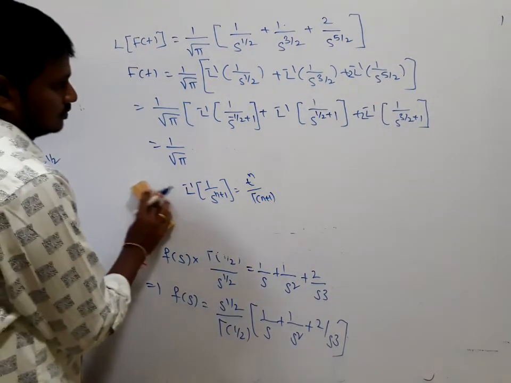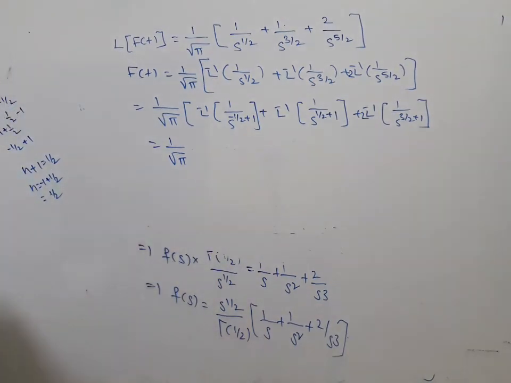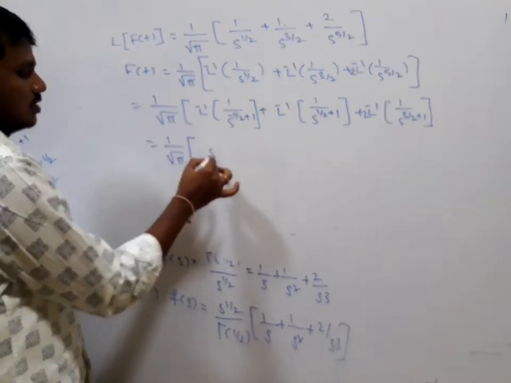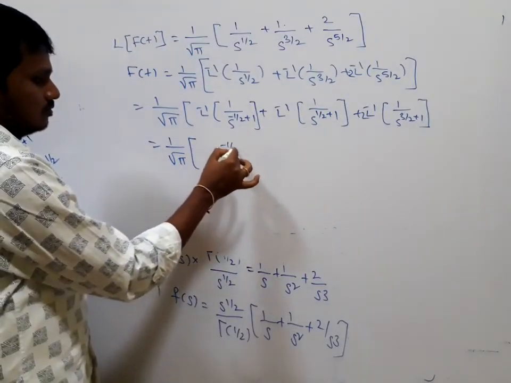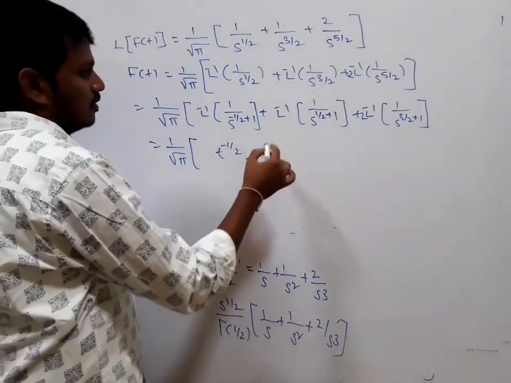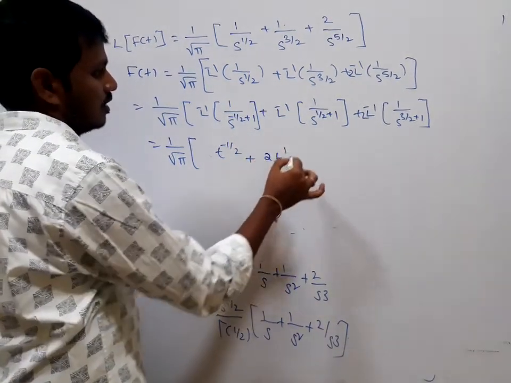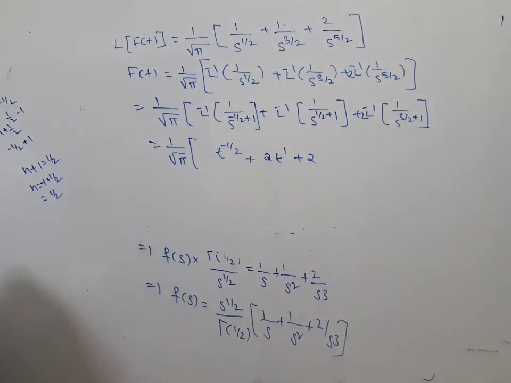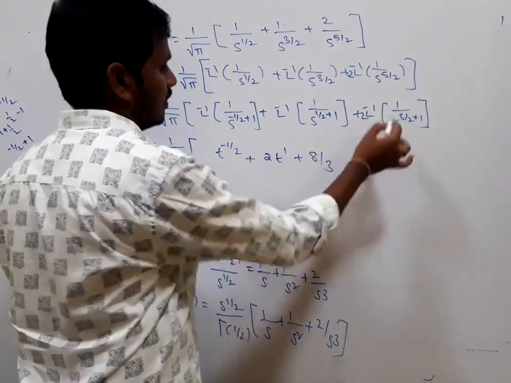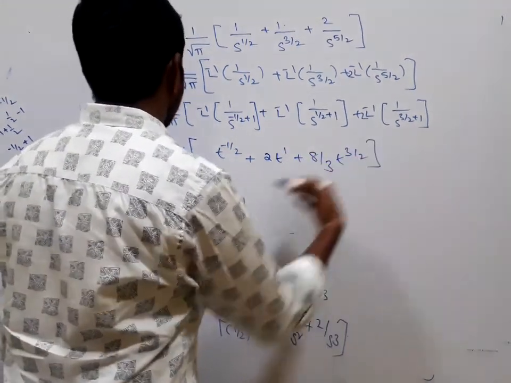Which is equal to t to the power of n divided by gamma of n plus 1. So we have t to the power of minus 1 by 2 here, plus 2 into t to the power of 1, plus 8 by 3 into t to the power of 3 by 2. Verify it by using the gamma function. So this is your f of t.